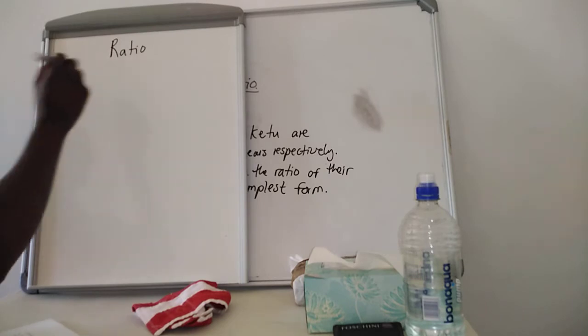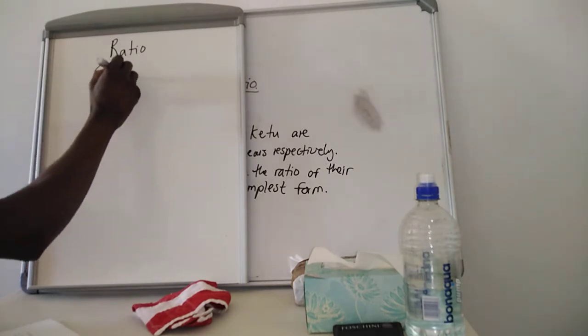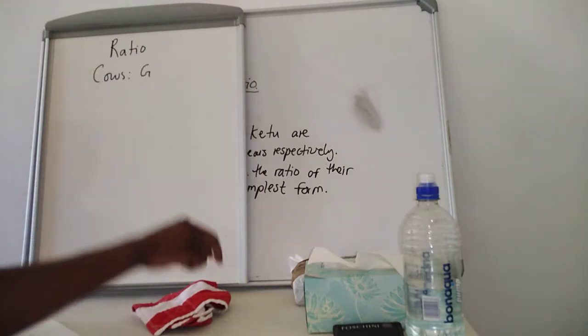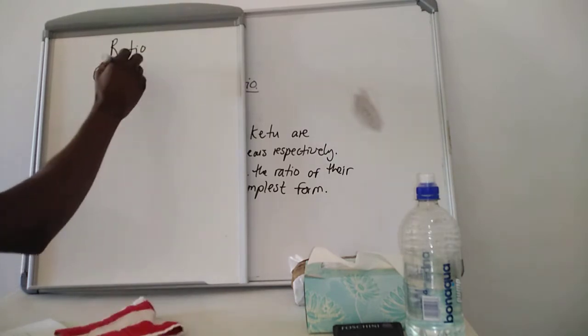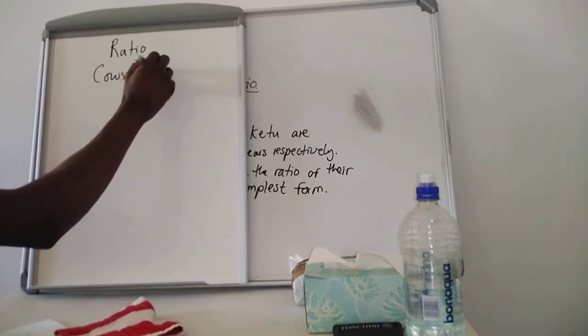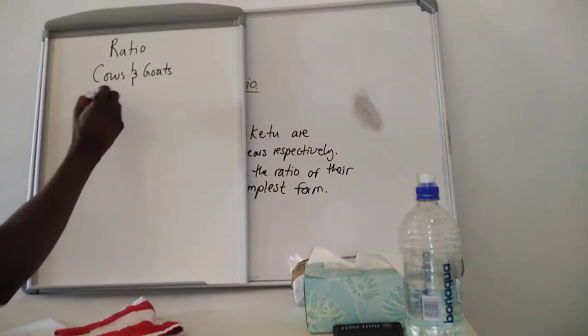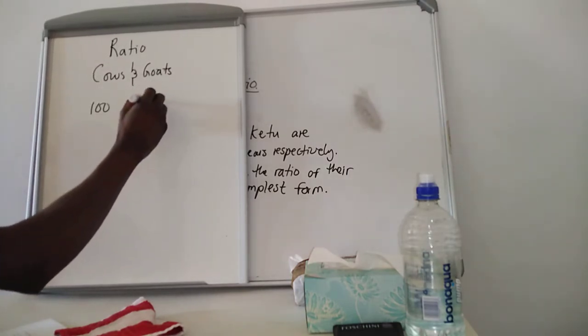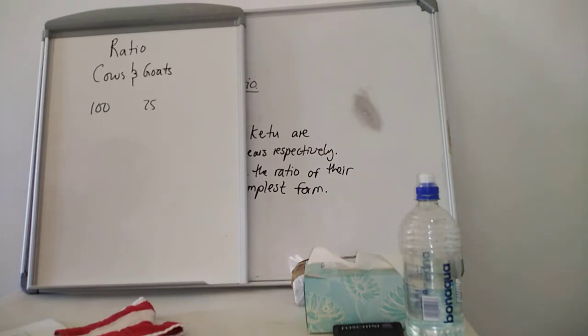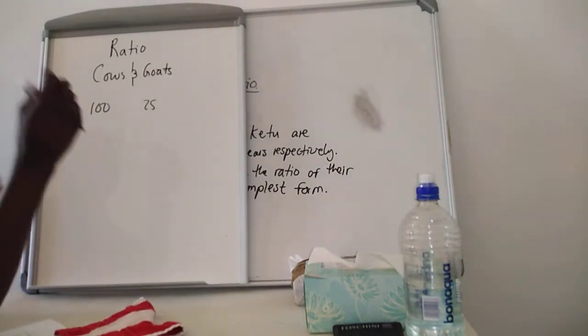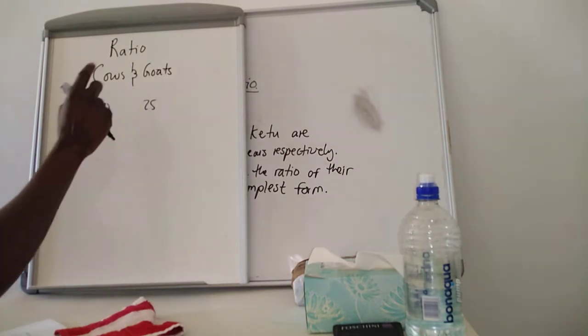So let's say we have cows and goats. Let's say you have 100 cows and you have 25 goats in your kraal. So what do you want to find out? You want to find out what is the relationship between the cows and the goats.